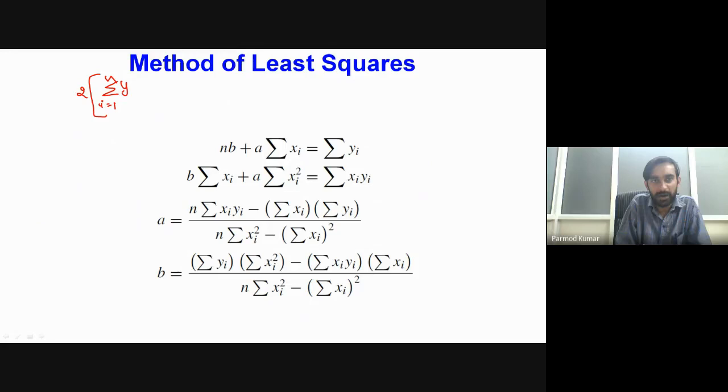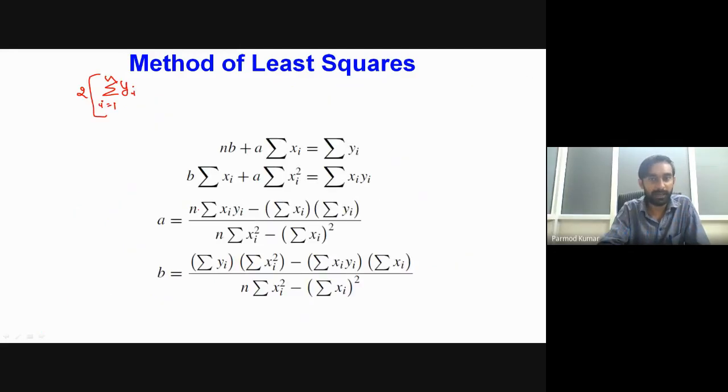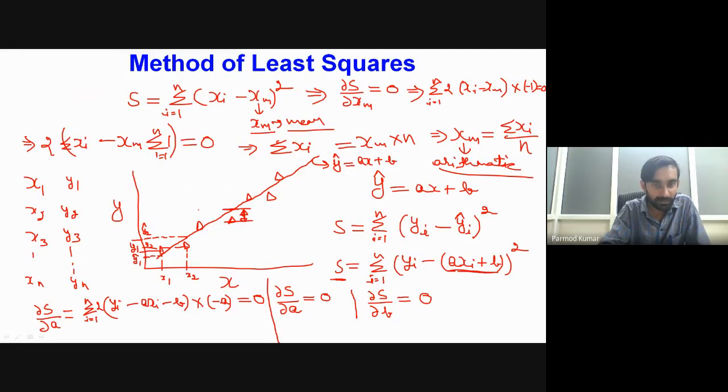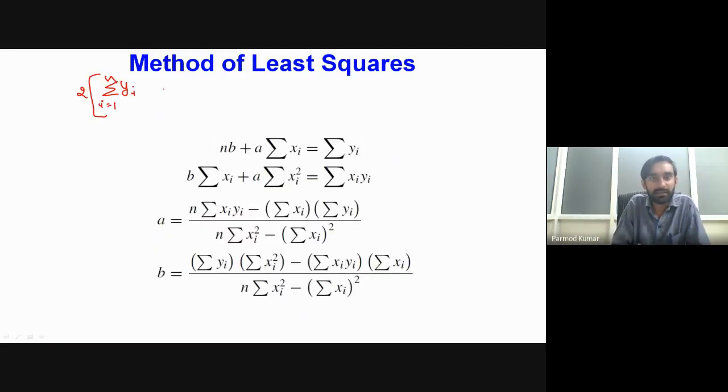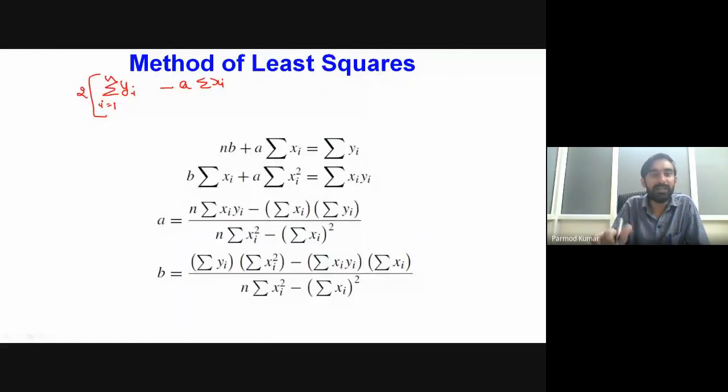The summation I am now bringing in with the individual quantities: summation of yi, then minus a times summation of xi, and then minus b times summation i varies from 1 to n, and outside all of this we have minus a, equal to 0.